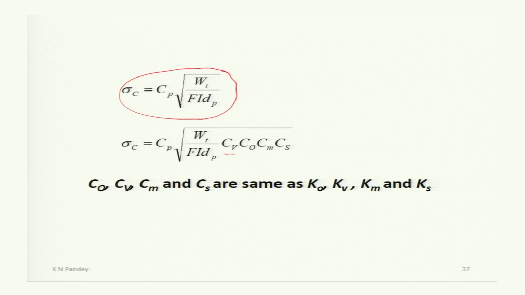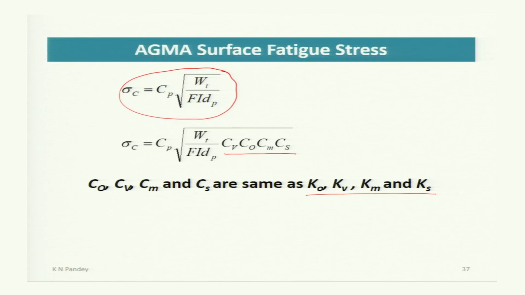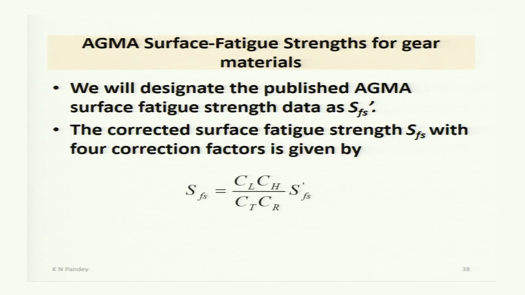AGMA has used modifying factors similar to the factors used for bending fatigue, Kv, Ko, Km and Ks. We have Cv, Co, Cm and Cs, and they are determined very much similar to the previous ones. So, the AGMA surface fatigue strength can be determined from the data books.